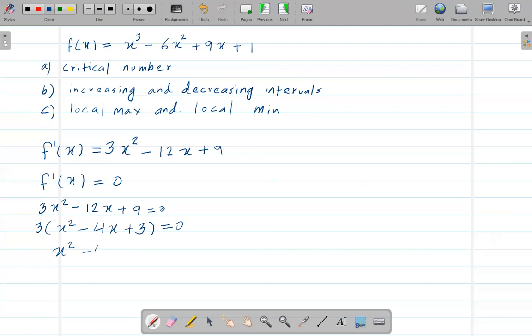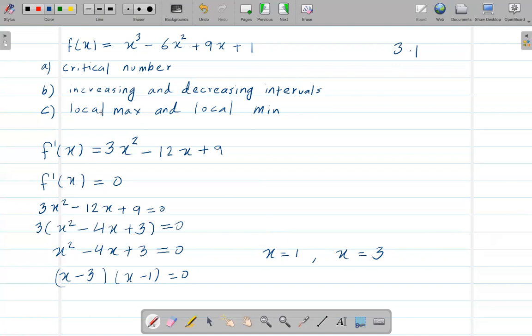So x squared minus 4x plus 3 equals 0. We have 3 here and 4 here, so I can use 3 and 1, since 3 times 1 is 3. But there is a negative 4 here, so it will be x minus 3 and x minus 1, because negative 3 and negative 1 give negative 4. So x equals 1 and x equals 3. These two are critical numbers.